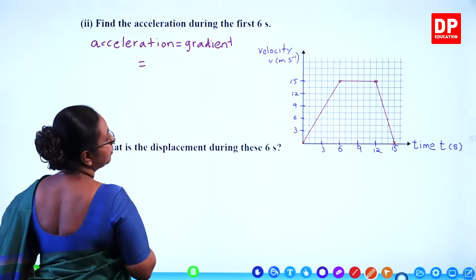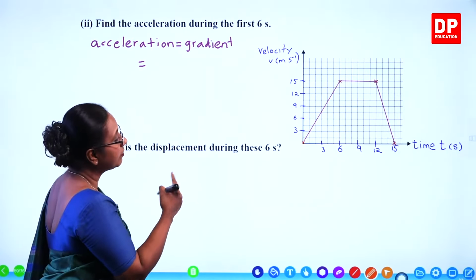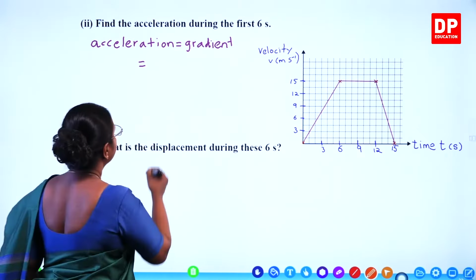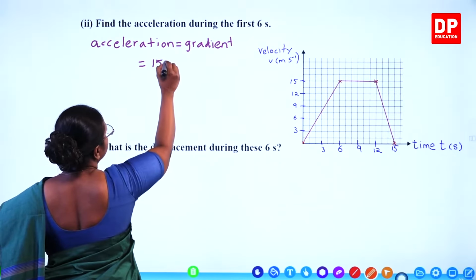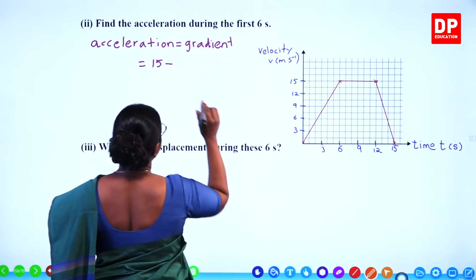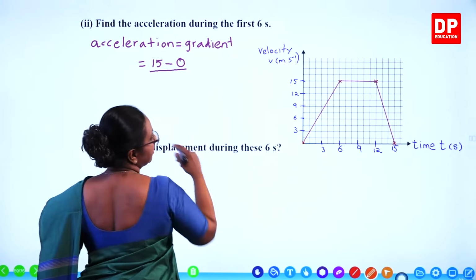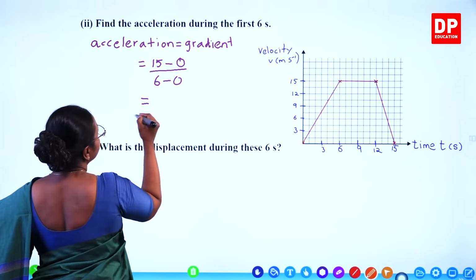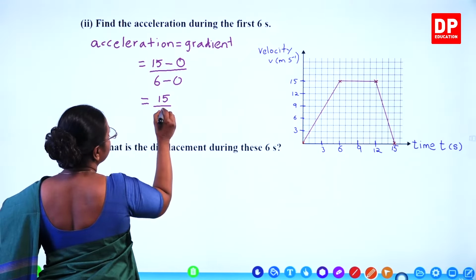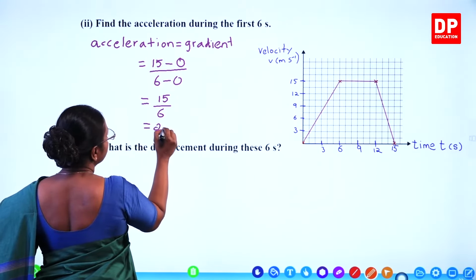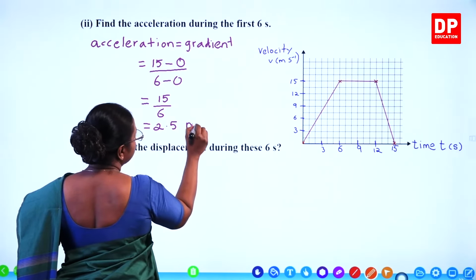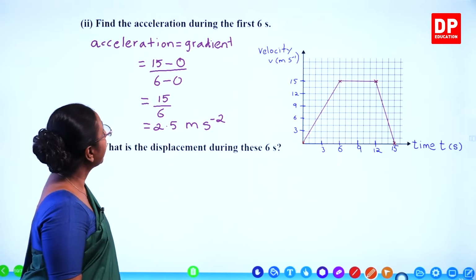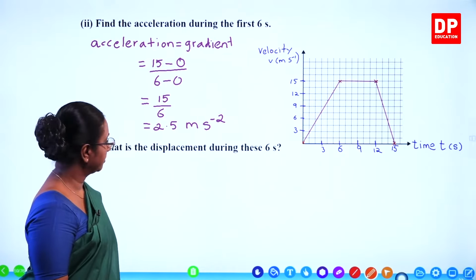So gradient, we calculate the difference between y coordinates divided by the difference between x coordinates. That is going to be 15 minus 0 divided by 6 minus 0. That will be 15 divided by 6, equal to 2.5 meters per second square. This is the acceleration of the object.